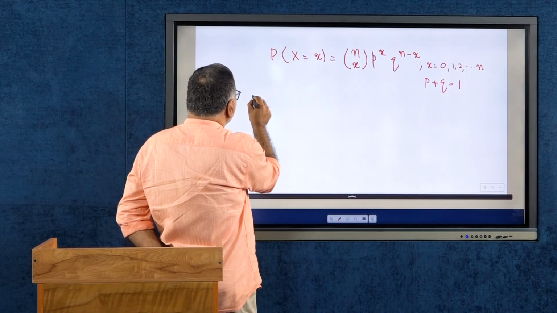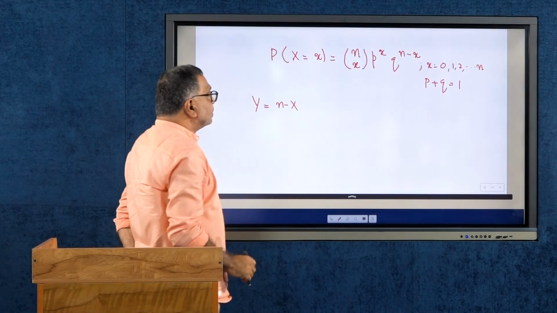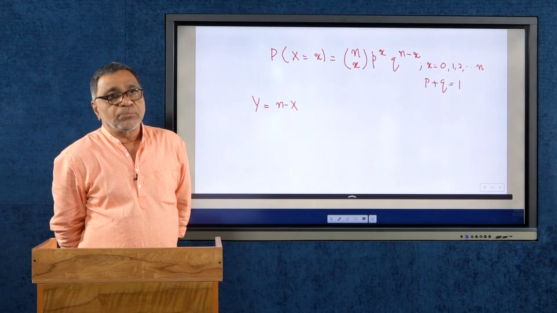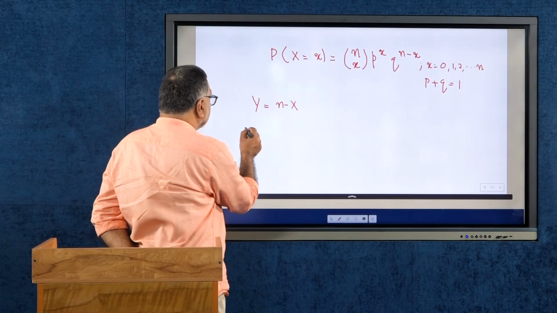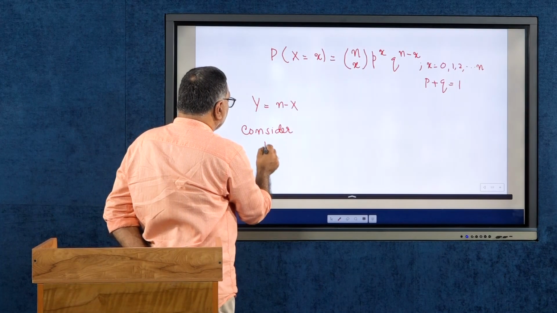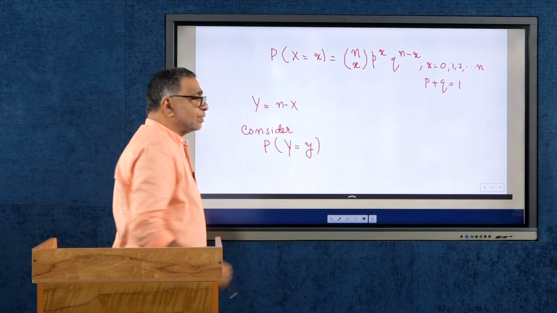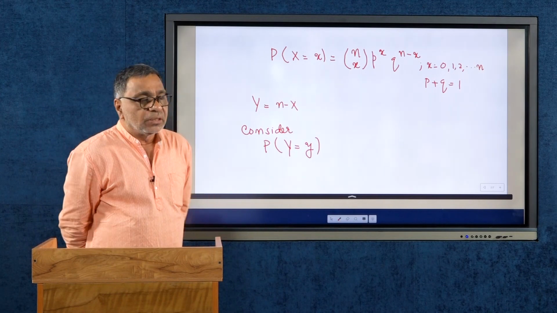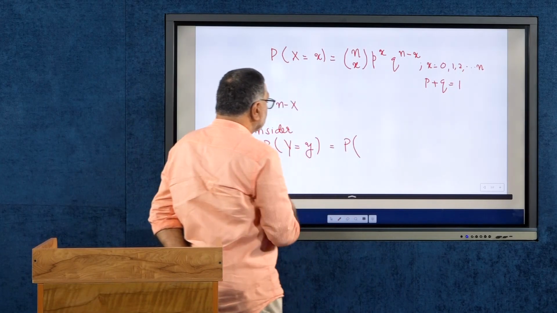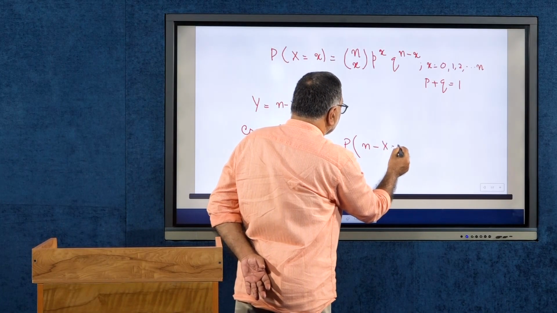Now a new random variable is defined, y equal to n minus x. Consider the probability mass function of y. That is, consider the probability that Y equals y, which is equal to the probability that n minus x is equal to y.